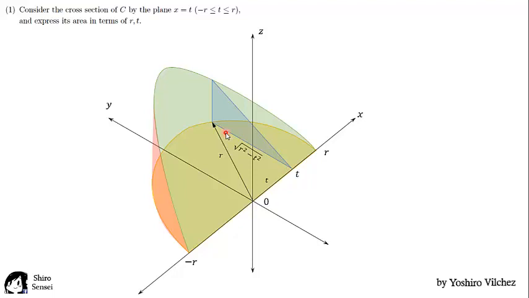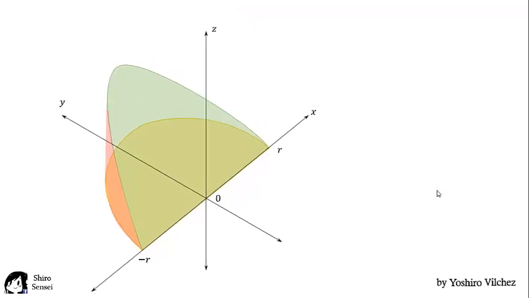And as we know that this straight line is parallel for x equal to t of the function z equal to y, so the length of this side is the same as this side. Then here is square root of r squared minus t squared. Then the area of this section will be half of base times height, which is r squared minus t squared over 2.